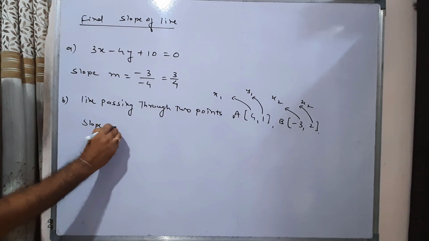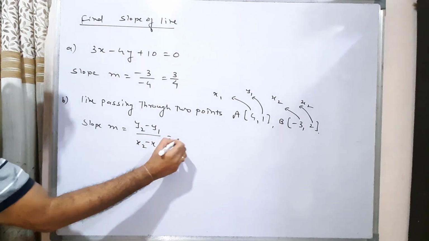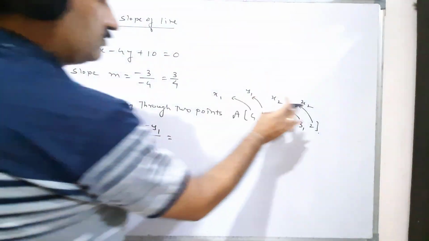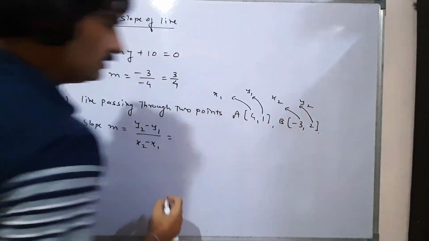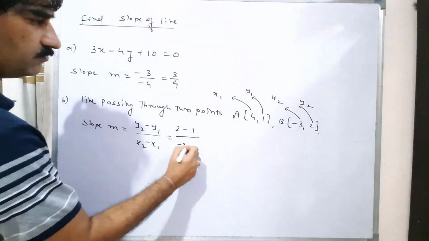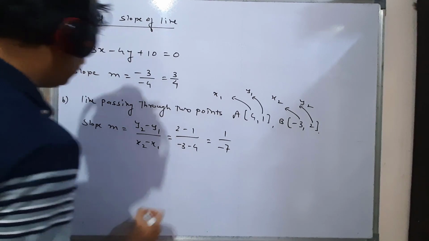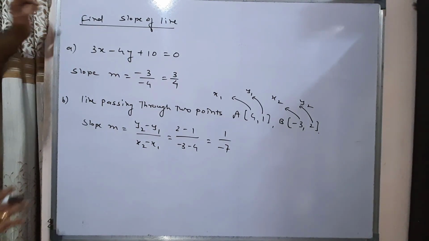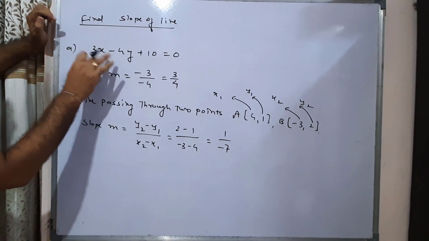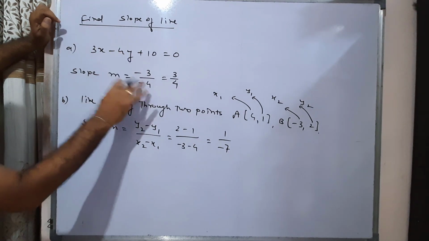So slope m is equal to y2 minus y1 upon x2 minus x1, that is 1 upon minus 7. So when a line is passing through 2 points, the slope is given by this. When the general equation of a line is given, then the slope is minus coefficient of x upon coefficient of y.